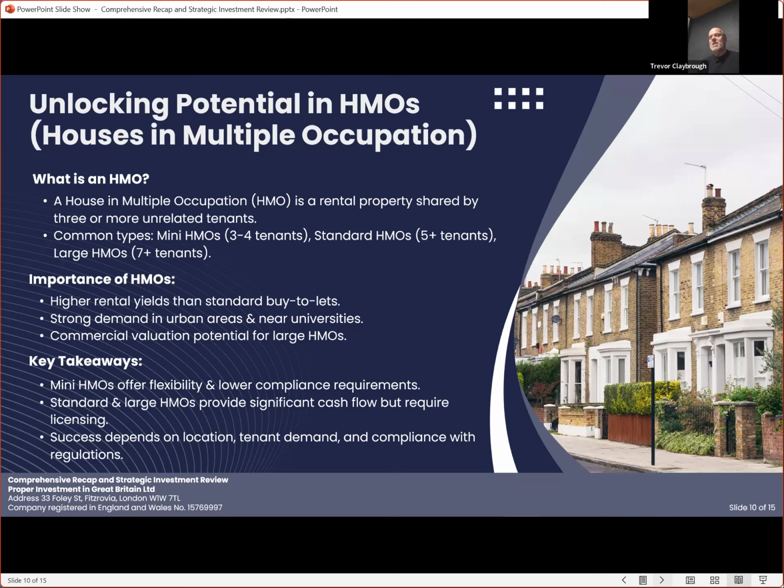When we get large HMOs of 7 or more rooms, specifically if all those rooms are en suite, then we've got a property that we can't easily say we're now going to use as a family home.